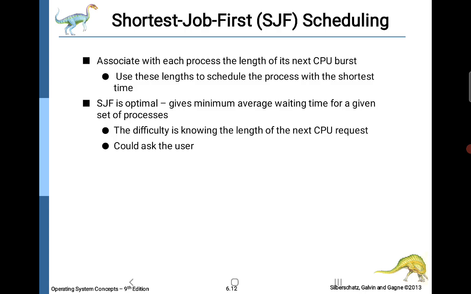And this is one of the main objectives of any scheduling algorithm. So, shortest job first. We'll look into what is the length of the CPU burst a process needs, and then select from the processes in the ready queue the one with the shortest needed CPU burst.